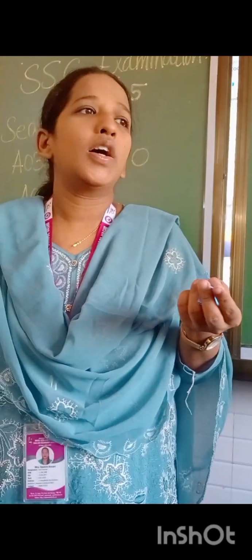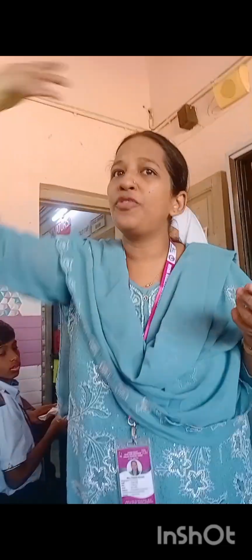Who is going to come here? Okay, who else is coming? I want 10 students. Come Tawheed, 3, 4, 5, 6, 7, 8, 9. Both of you come. Sirat come. 10.